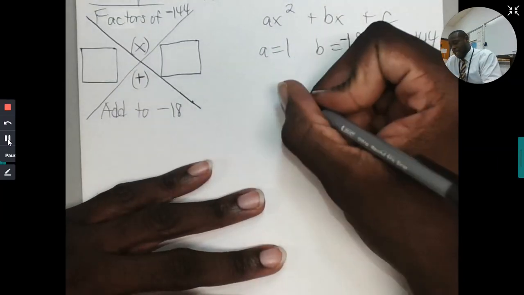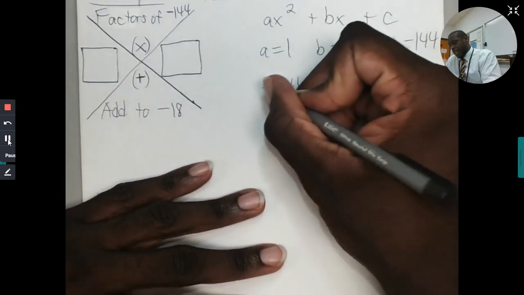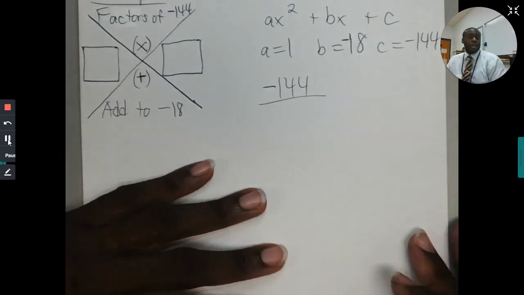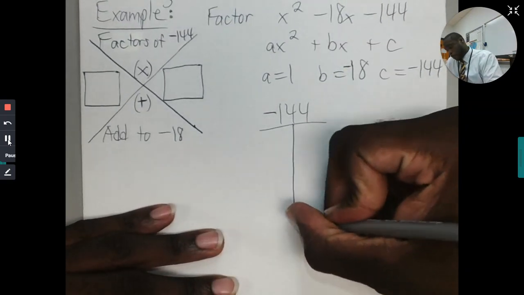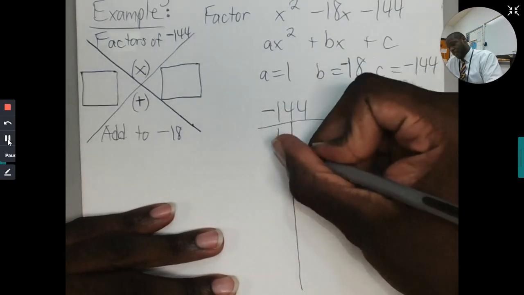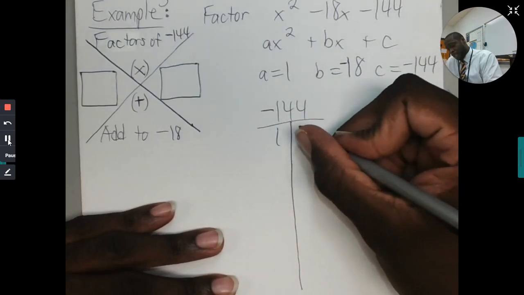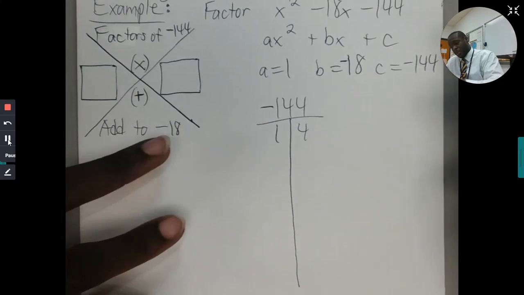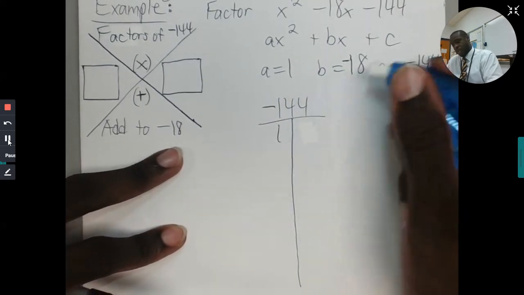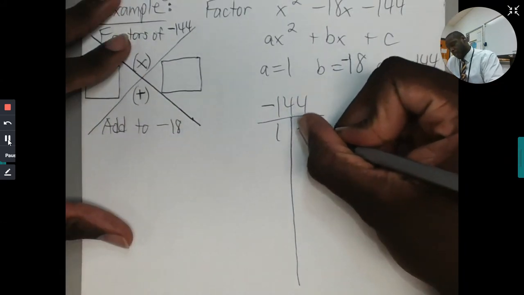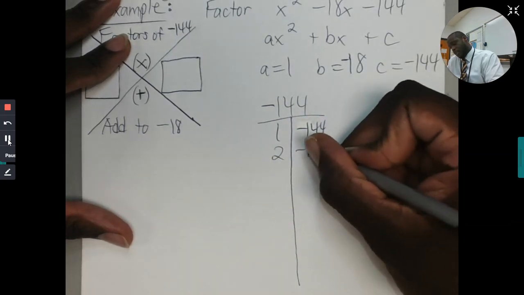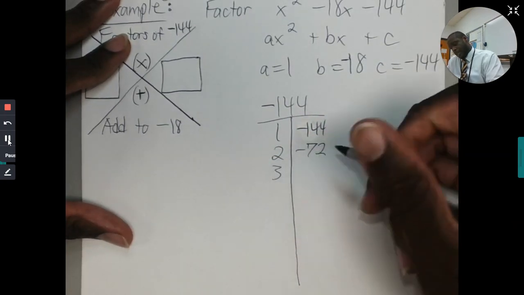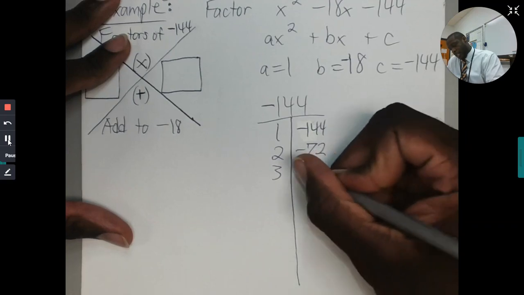So again, let's look at some factors of negative 144. There's quite a few of them. All right, so we've got 1 times 144. We've got 2 times negative 72. We've got 3 times 48.